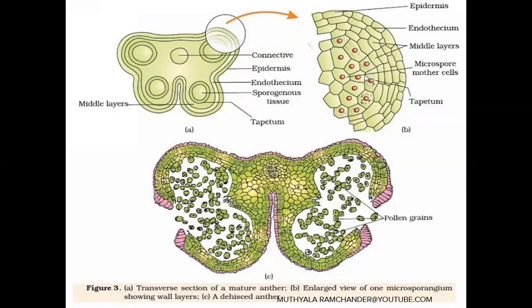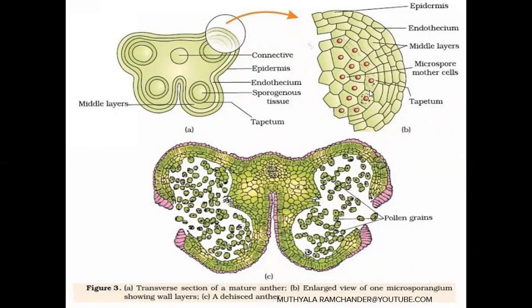See in this diagram, the perfect cell wall is present. If a perfect cell wall is present around the tapetum cell, those tapetum cells are called glandular tapetum cells.